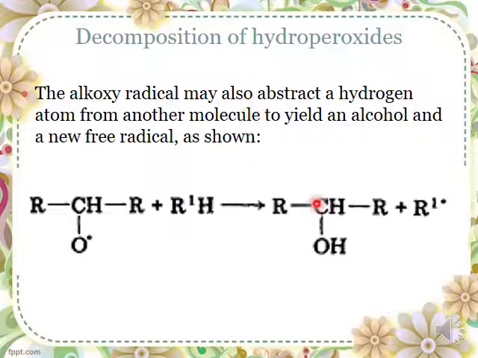So this shows the alkoxy free radical abstract another hydrogen from another molecule, another fatty acid, which in turn will form alcohol and also a new radical, and this radical will propagate through chain reaction.